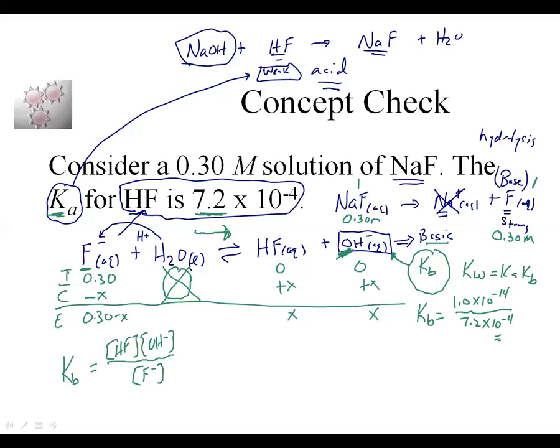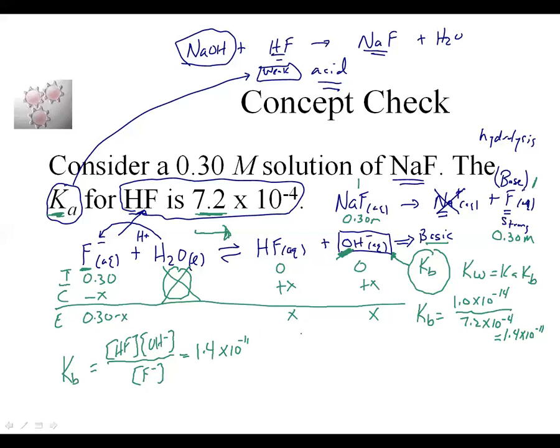And that will get you 1.4 times 10 to the minus 11 as our KB value. And again, that is the number that you want to make sure that you are using in this calculation. Super often people will just throw the KA value in there and solve it.